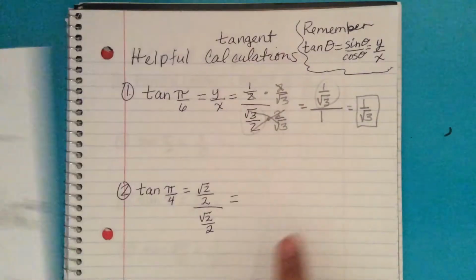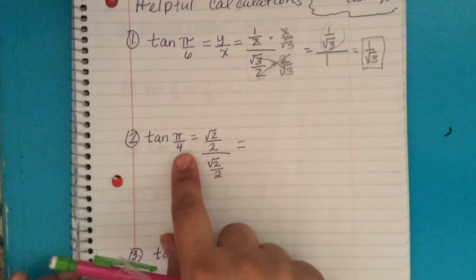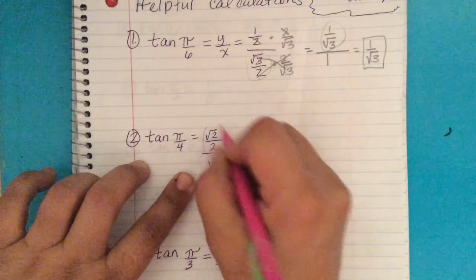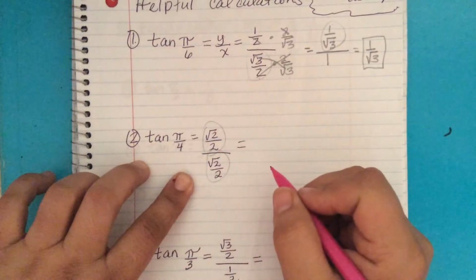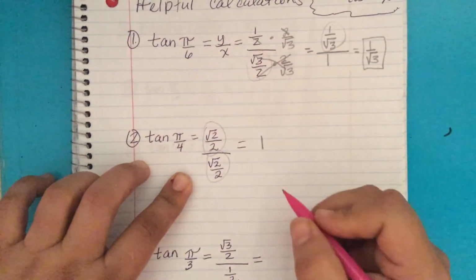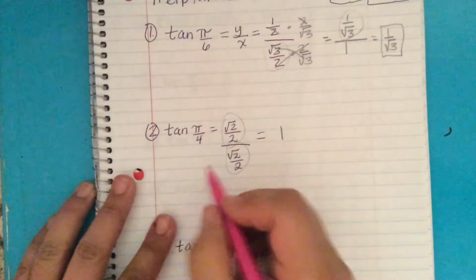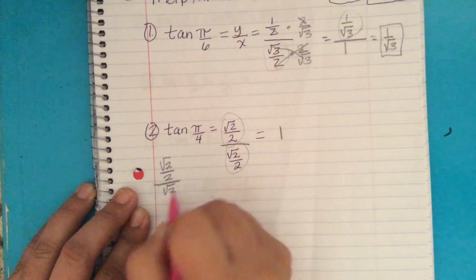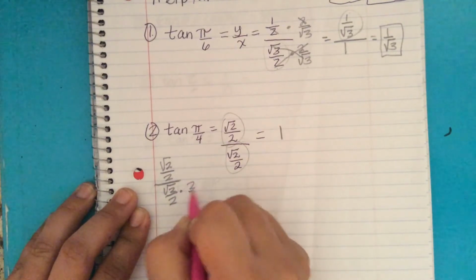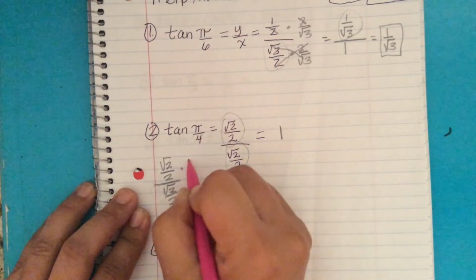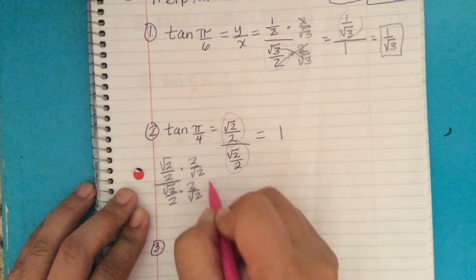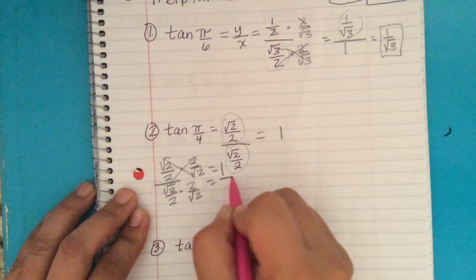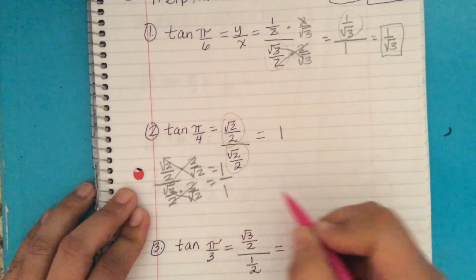Now we want to find the tangent of pi over 4, which is the square root of 2 over 2 divided by the square root of 2 over 2. Well, any number divided by the same number is 1. Or if you want to do the process that I did, the square root of 2 over 2 divided by the square root of 2 over 2 multiplied by the reciprocal, which is 2 over the square root of 2. Those cancel, so that means it's 1. Those cancel, so that means it's 1.